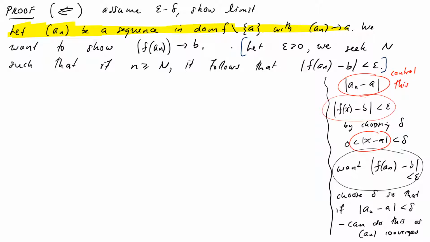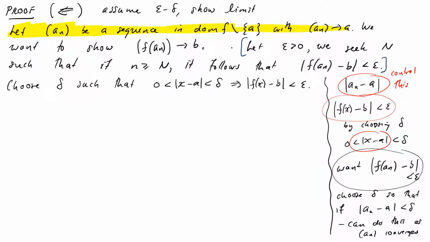So we'll choose delta such that 0 is less than |x minus a| is less than delta implies the absolute value of f(x) minus b is less than epsilon.